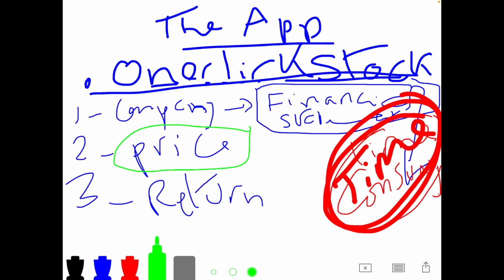It's time. Okay, so the second thing you want to find out is pricing. Let's say you did your homework as far as if this company is good or not. You find out that the company is good. So what's the second thing? Who tells you what is a good price and bad price? How do you know that? There is not a single formula out there that tells you this is a good price or bad price.